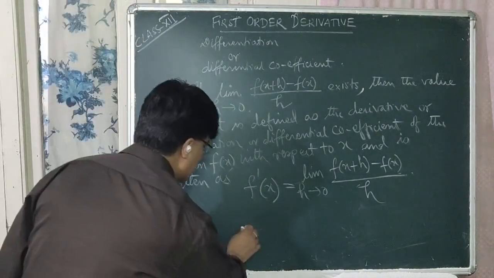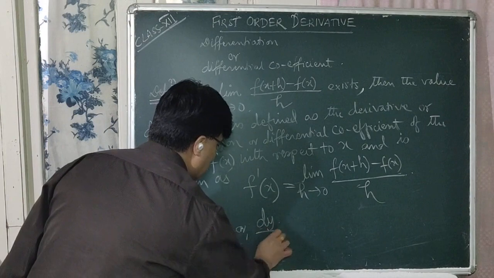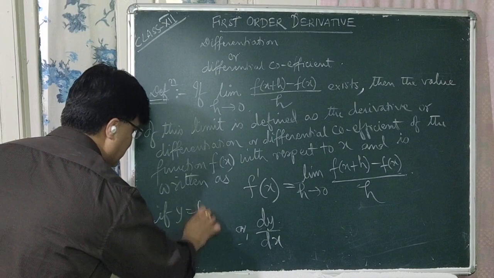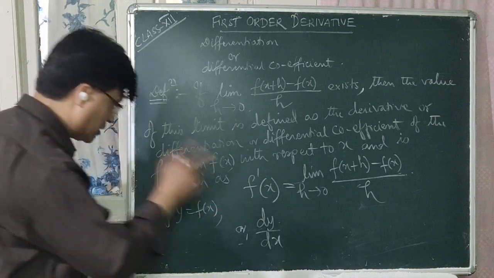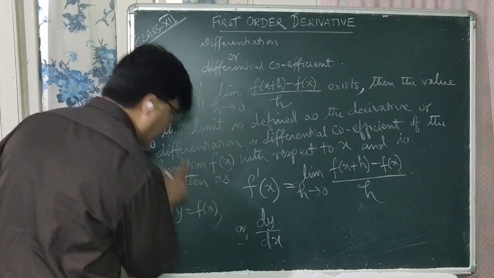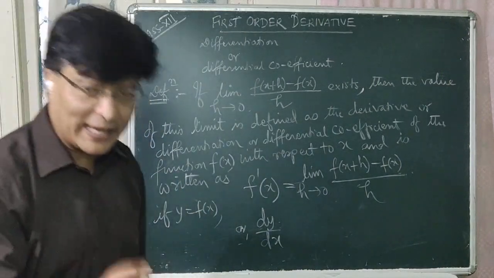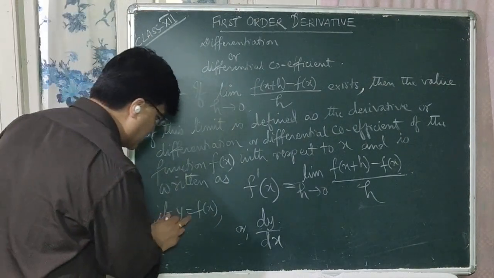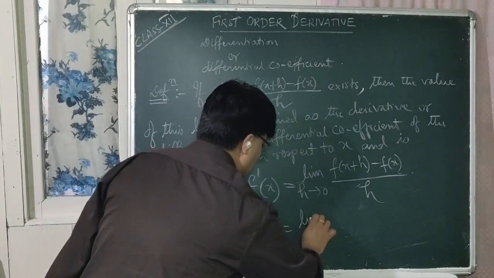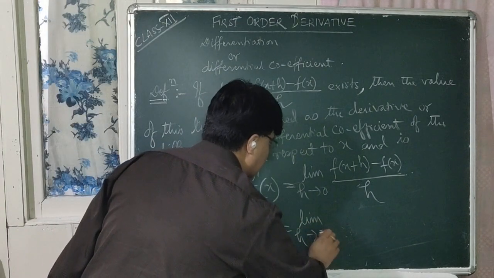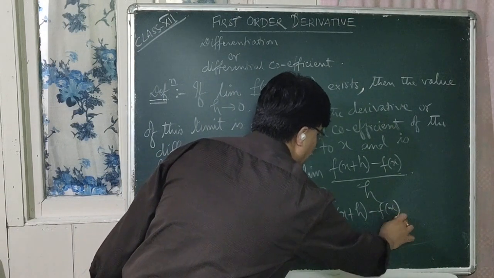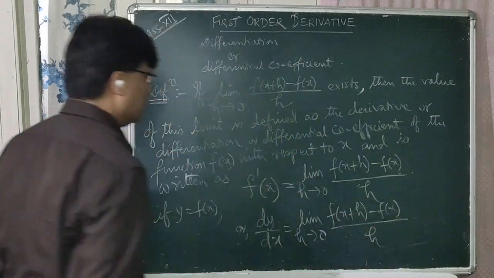Now, you may write this f dash of x as dy by dx if y is equal to f of x. If y is written as a function of x, then dy by dx is equal to limit h tends to 0, f of x plus h minus f of x, this whole divided by h.